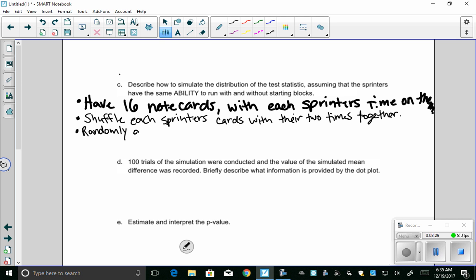Randomly assign a time to each section, with the sections being with block or without block.